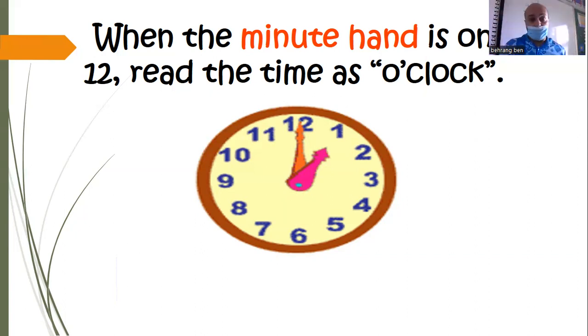So put it in your mind, whenever you want to say the time, you first have to read the hour. You have to start reading the time from the short hand of the clock.